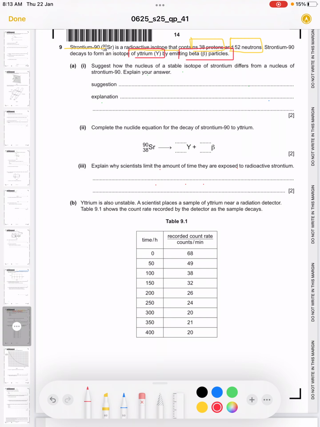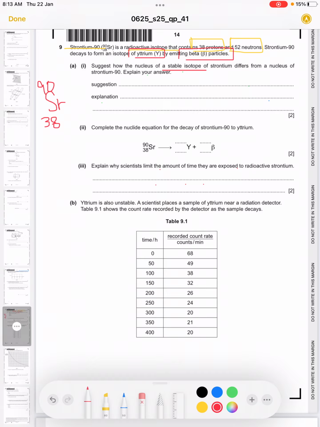Right, so in this one we just need to tell them about the stable isotopes and the unstable or radioactive isotopes. The one hint is, if you focus on the strontium, that is 90 and 38, if you compare both the numbers, you can see that the atomic mass is very high, right?